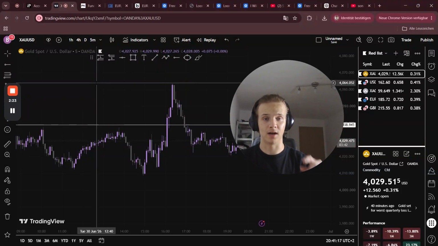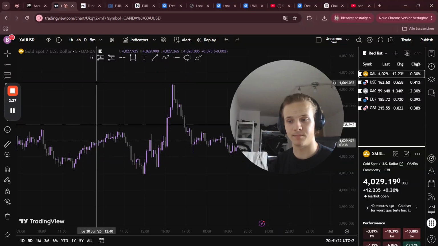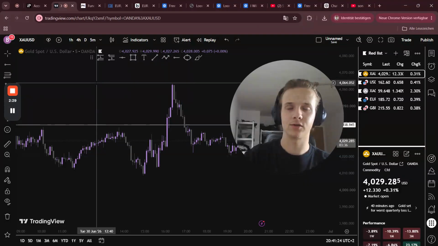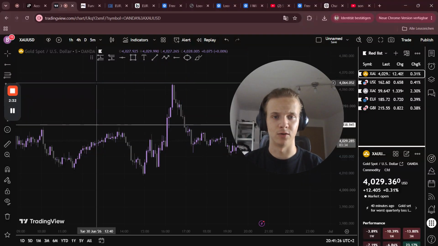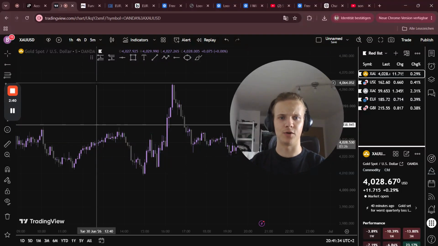So even if it seems similar, just watch the price action. Watch the wicks, the size of the candles at the exact same time. So you have the 16:30 candle, 30-minute candle.